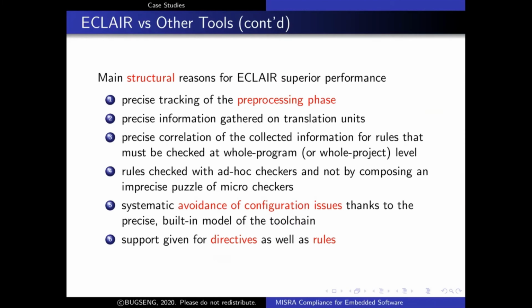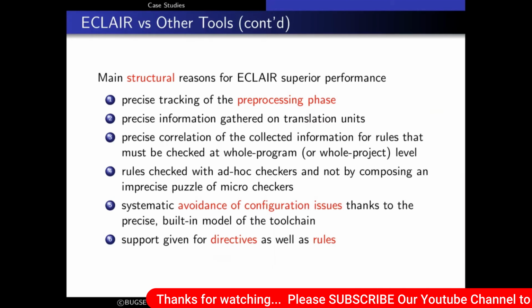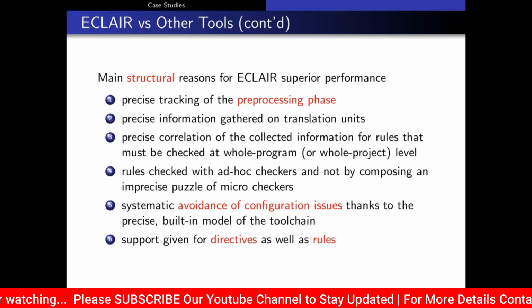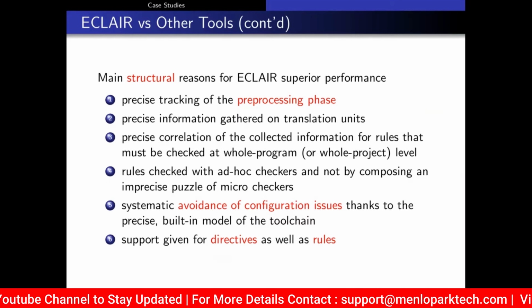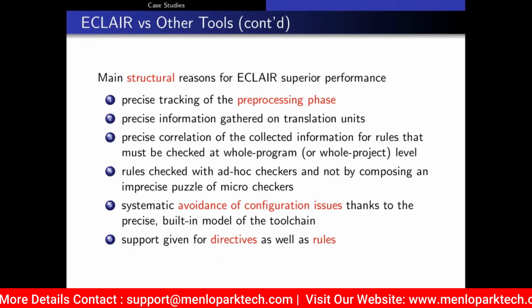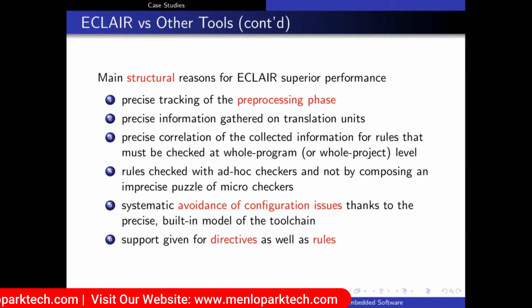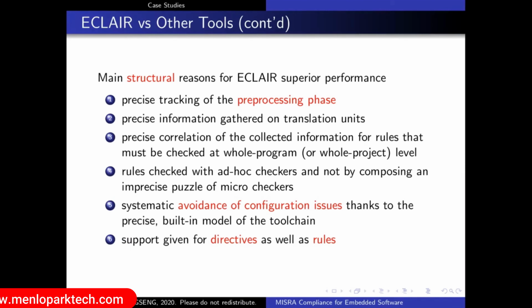Then ECLAIR gathers precise information on each translation unit, and the information gathered for all the translation units is precisely correlated at link time, or even at the end of the project, to check whole program or whole project rules. Reason number 4: rules are checked with ad hoc checkers and not by composing an imprecise puzzle of microcheckers. I will say something about this in a minute.